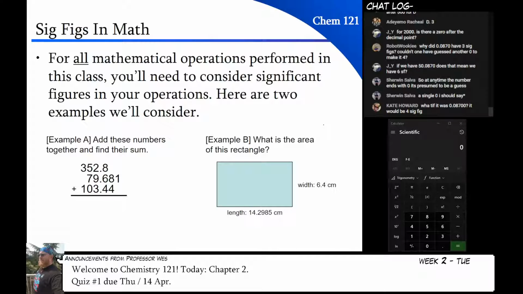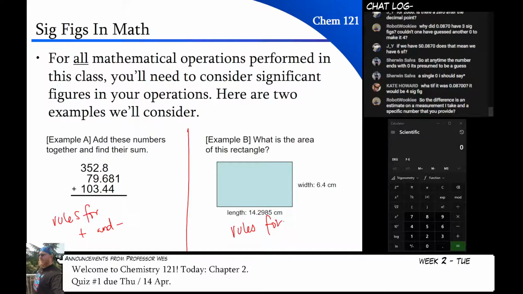We're going to do example A first. We're going to do addition. And there are a set of rules for addition and subtraction. And the rules work for both of those. But then we're going to do a different example, and there are going to be rules for multiplication and division, and they are unique.